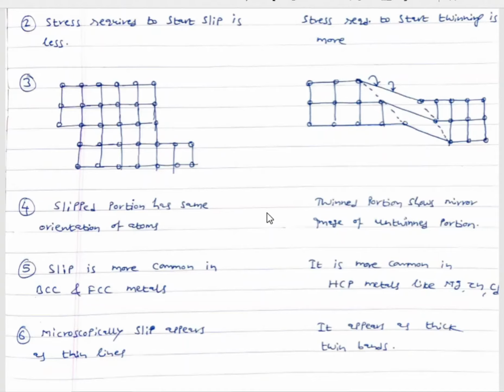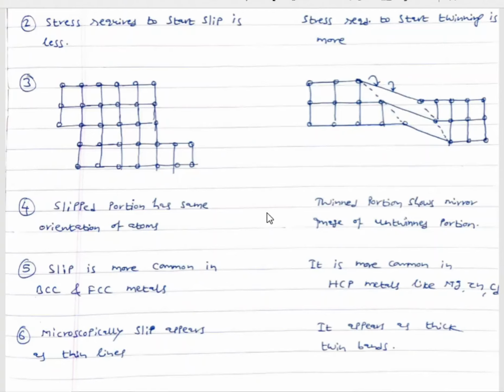In most cases, the plastic deformation takes place by the mode of slip. Because, number one, the atomic movement is very less in twinning, and number two, plastic deformation by twinning will only take place if a sufficient number of suitable slip planes are not available.